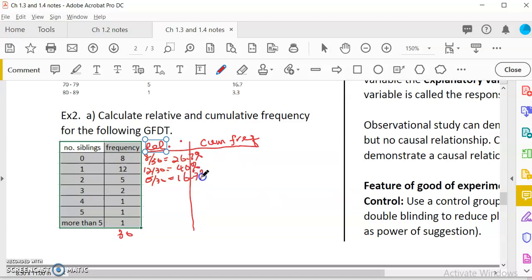We would just use 1 decimal place. 2 over 30, that's 0.06, so 6.7%. 1 decimal place of a percent. 1 over 30, I think it's 3.3%, right? Because that's half of it. So this is also 3.3. The last is 3.3%. So when you add these, they might not be 100% due to rounding, but it should be close to 99 or 101%.